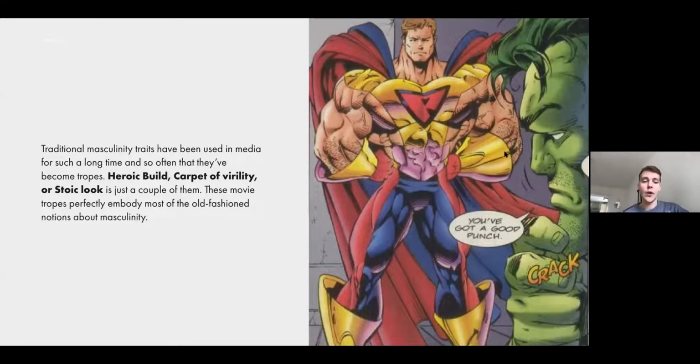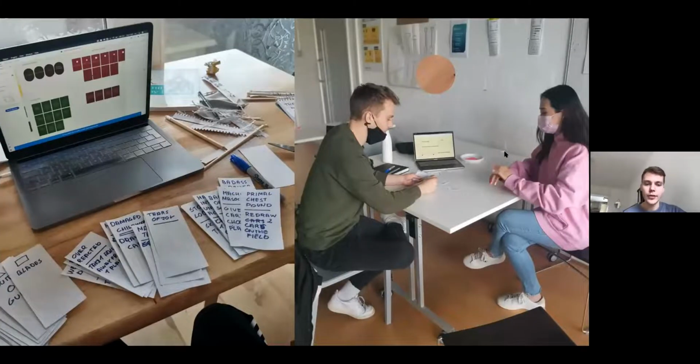We have the heroic build, which means your amazing, very muscular body, or the carpet of virility, which is the hairy chest, or the stoic look, which means having the emotional capacity of a rock. I believe all of these movie tropes, used in books and comic books as well, perfectly embody old-fashioned ideas in a fun and entertaining way. So I thought I'm going to use these tropes and create something educational and fun.